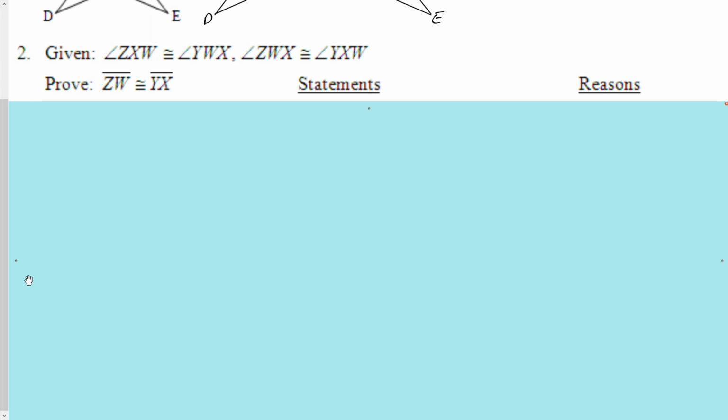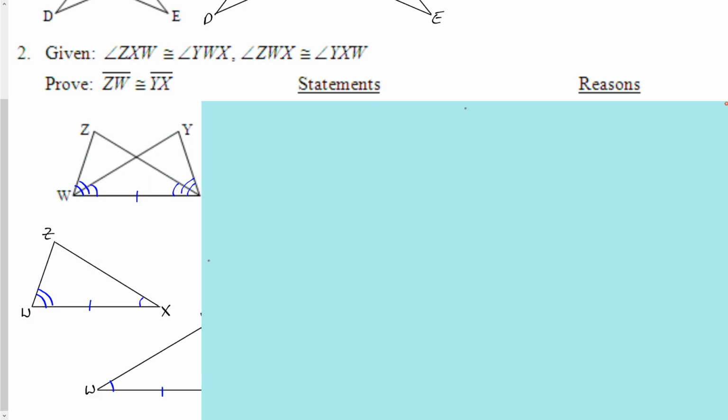What makes it kind of interesting, potentially, is the fact that your triangles are overlapping. So notice I have these marked up, but what I want you to notice here, more than anything else, is that it is possible for you to take these two triangles and separate them. Make sure you completely label the vertices again, but then that might be something that helps you when you go through and do these proofs on your own.